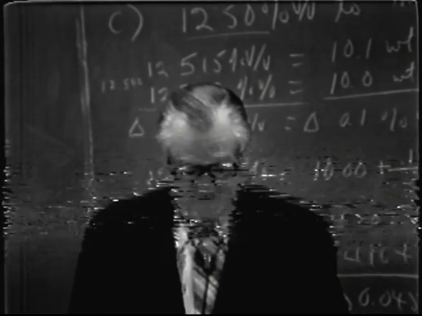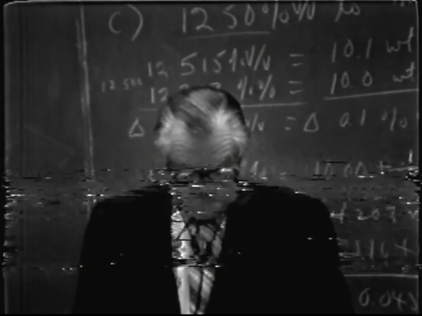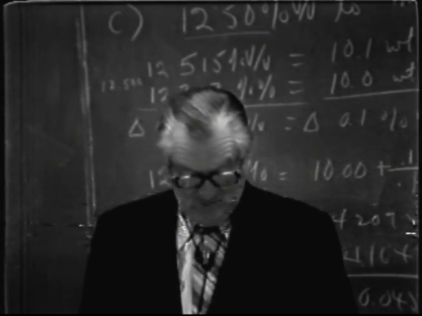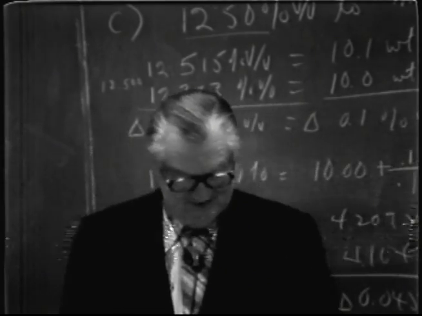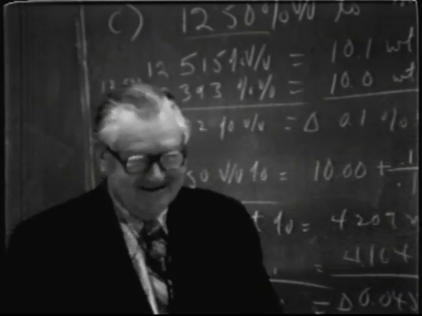But it would be 57.09 according to my calculations. What's the answer to that? Is that the answer? No, that's not the answer. That's just a conversion factor to use. That's what you start with.